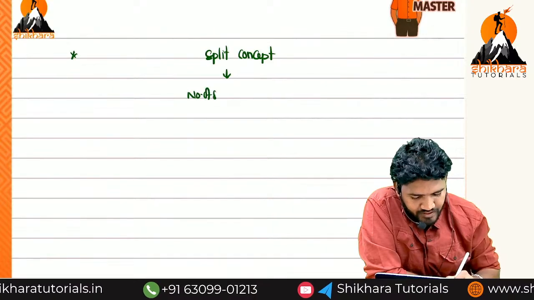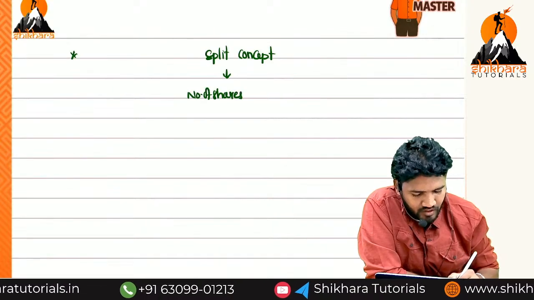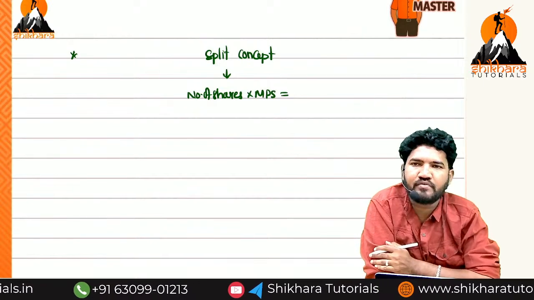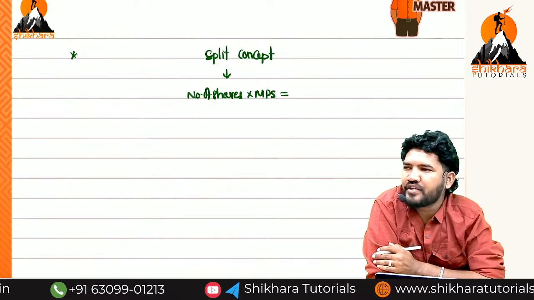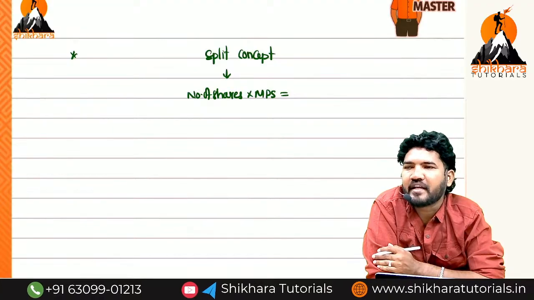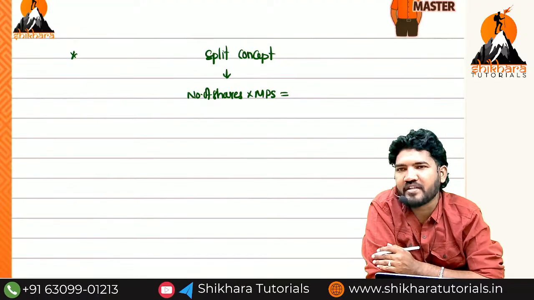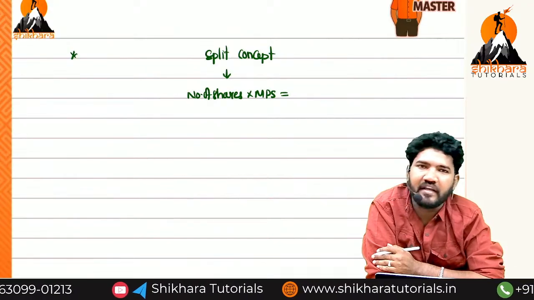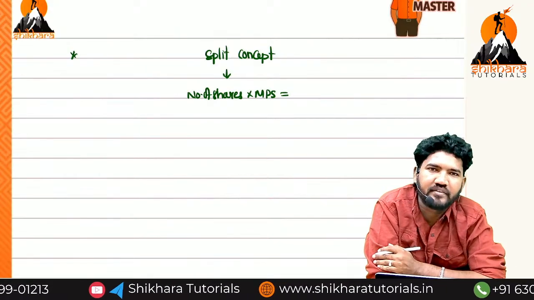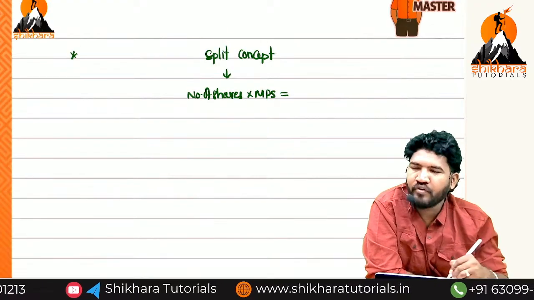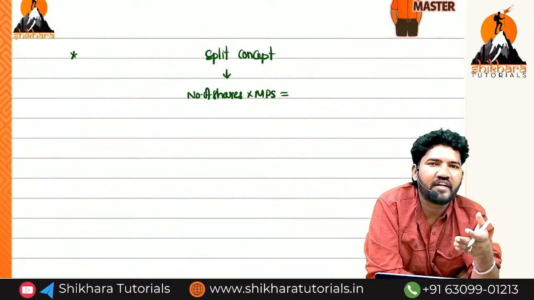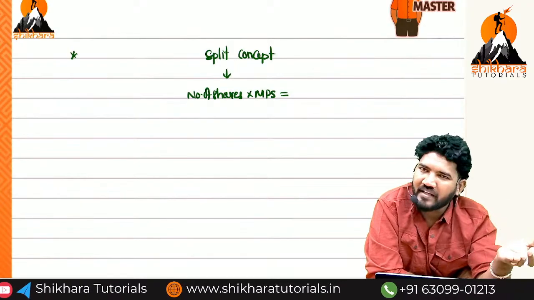Number of shares into market price per share. All students will think that number of shares into MPS gives market value of equity share capital. But what is the reality? You will get market value of equity. That's the point students need to learn. If you got only market value of equity share capital, then the book value of retained earnings would be the market value.